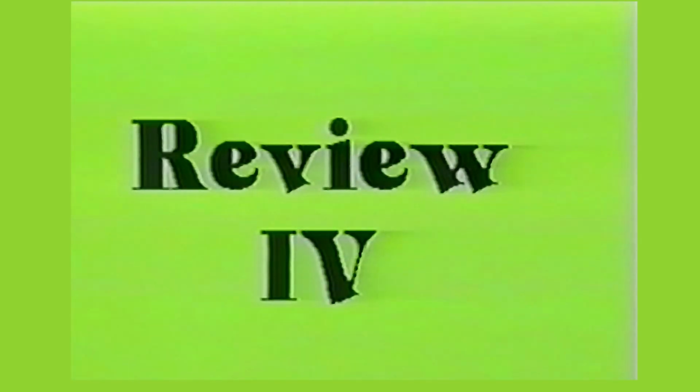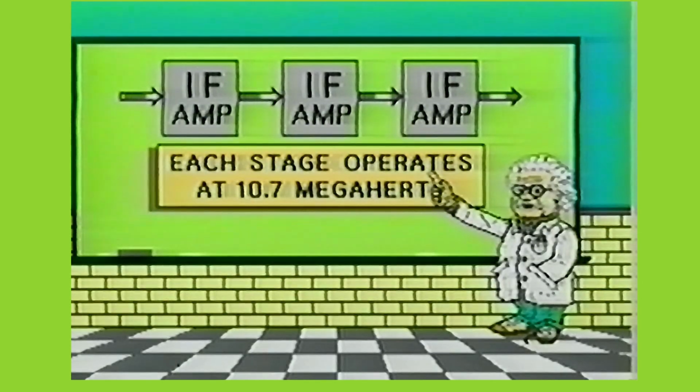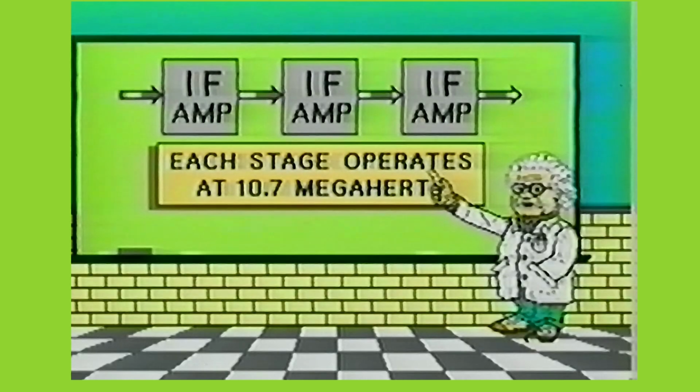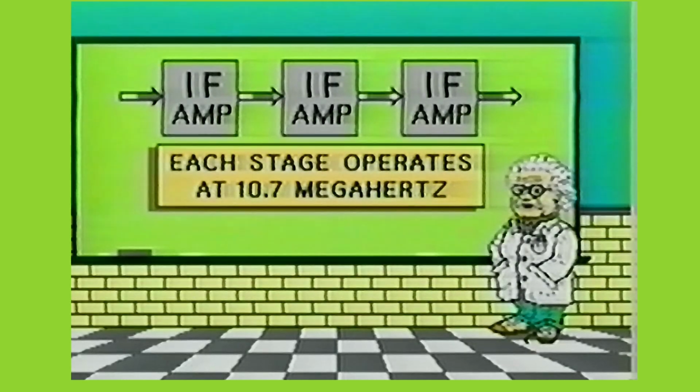At this point, we will stop for another short review of the material just discussed. The intermediate frequency amplifier stage is tuned to a frequency of 10.7 MHz. These stages must allow the resting frequency to deviate a total of plus or minus 120 kHz.